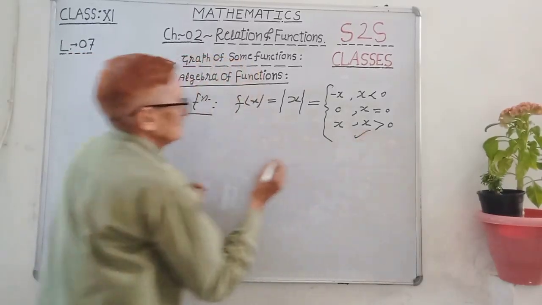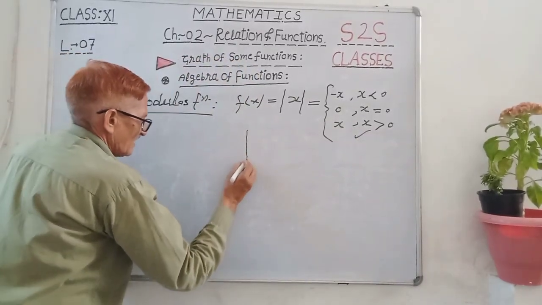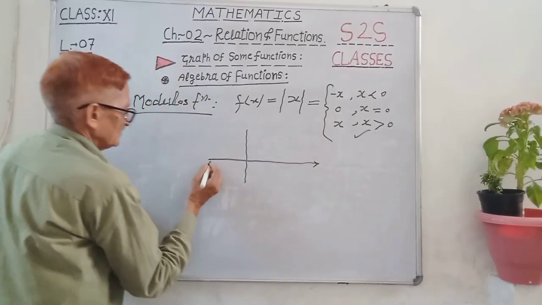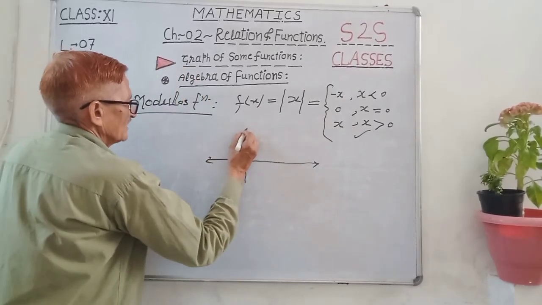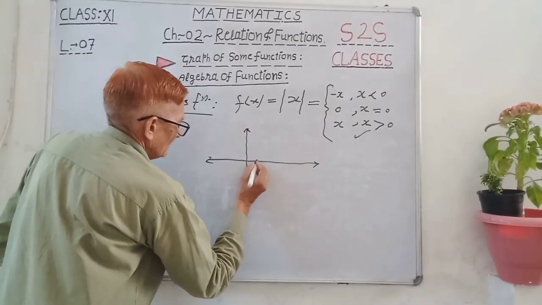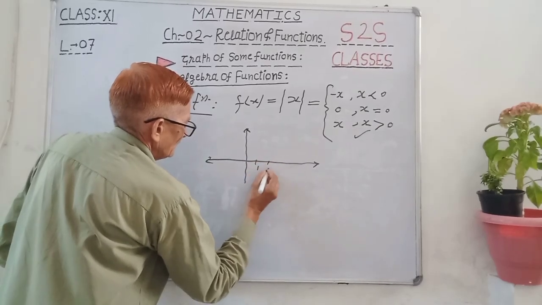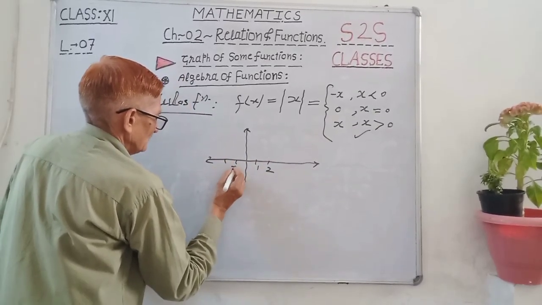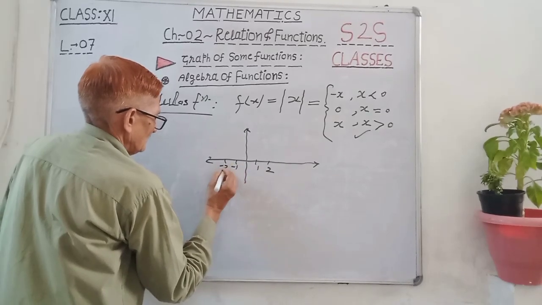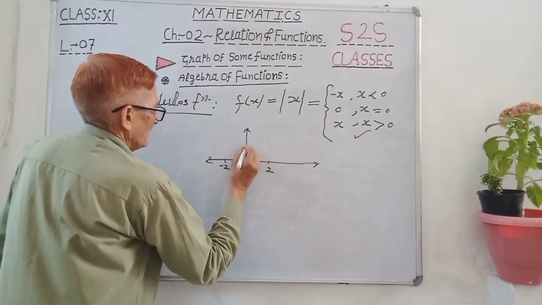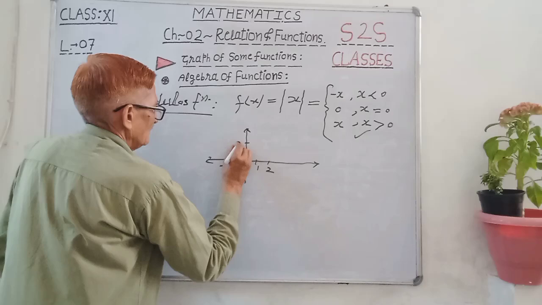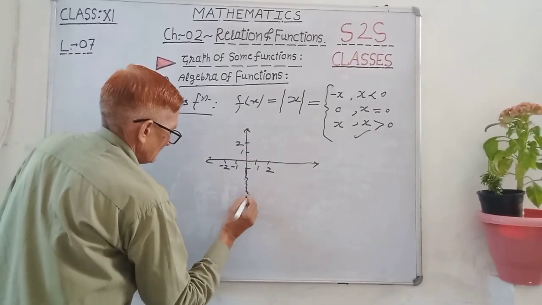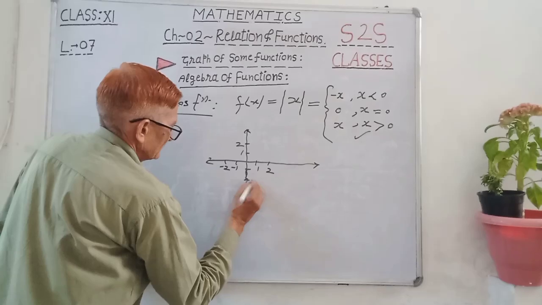Okay, so according to this, if you draw the graph of the modulus function, what will be? 1, 2, minus 1, minus 2. 1, 2, minus 1, minus 2.